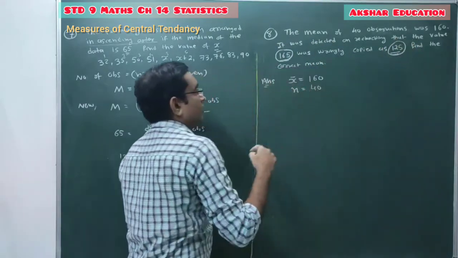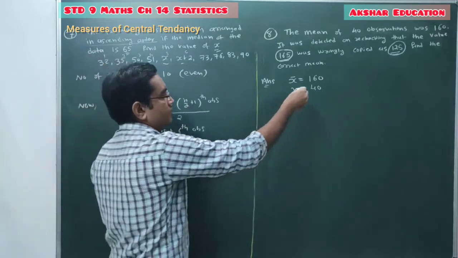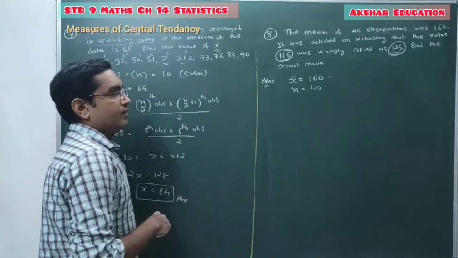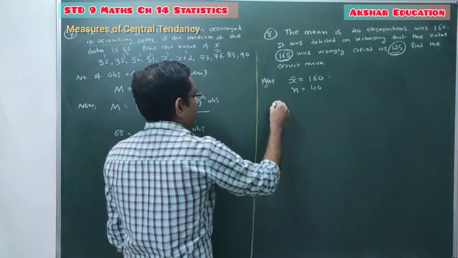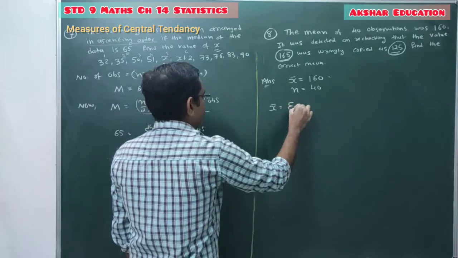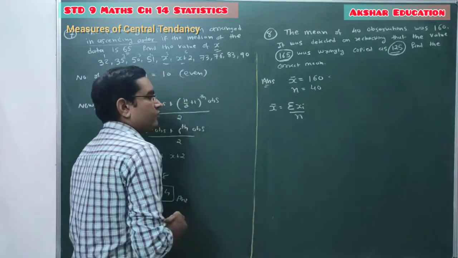So now you have to correct your answer. This is an incorrect mean, and you have to find the correct mean. So how can it be found? First you start with the formula of mean. Mean is nothing but the sum of all the observations divided by the number of observations.